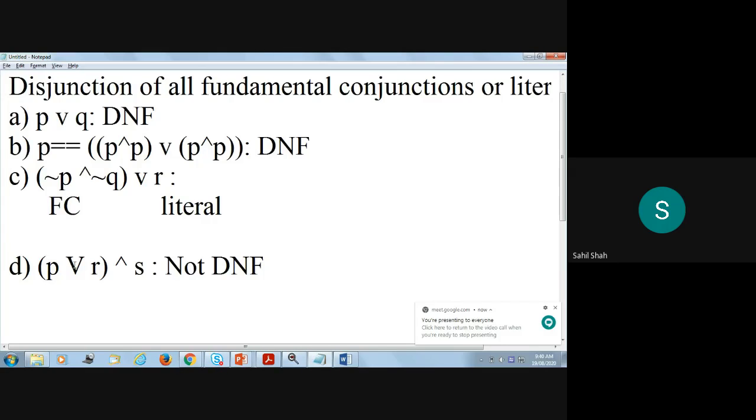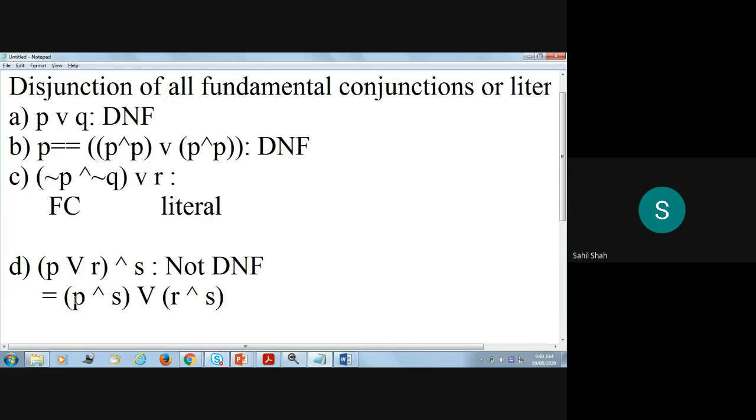Observe that the original statement is not in the DNF. We will say equal to. This is equal to what? Conjunction comes inside using distributive law. Disjunction goes outside. P conjunction, sorry, R conjunction. Yes. Now whether this is in the DNF? Yes.